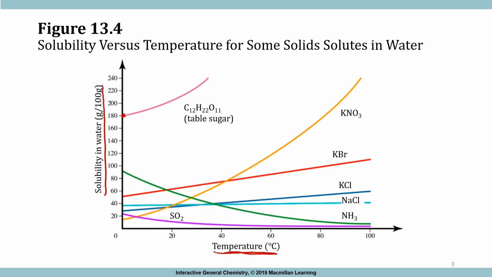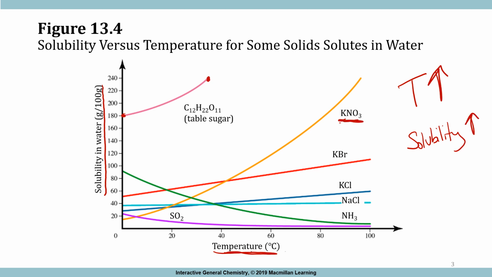If we increase the temperature up to about 35 degrees Celsius, we can get 240 grams to dissolve. So that tells us that increasing the temperature will also increase the solubility for table sugar.